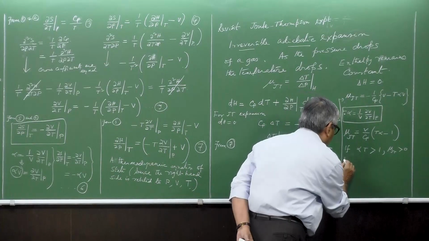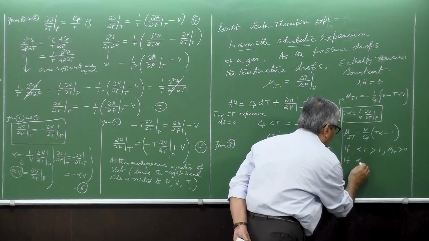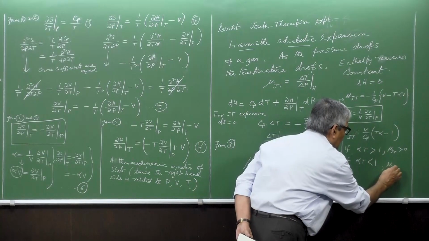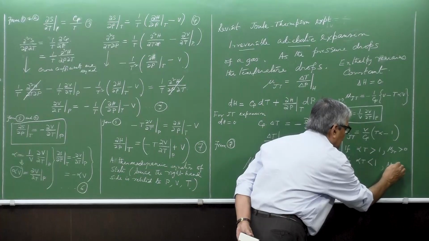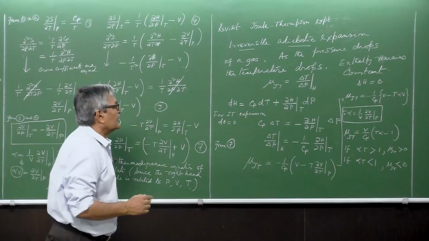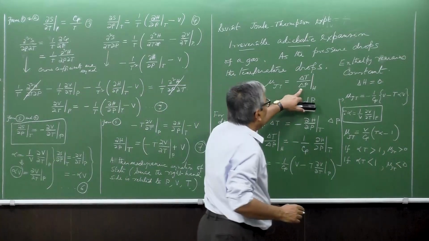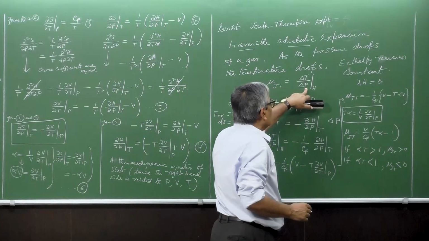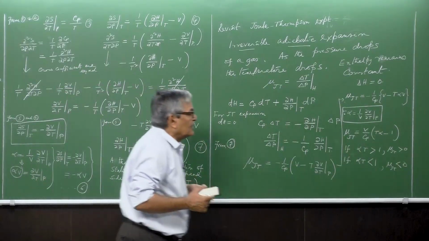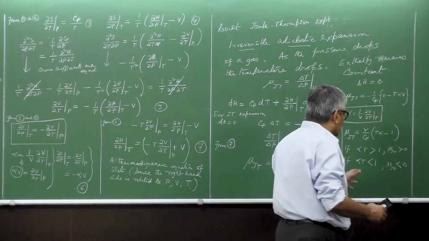And if alpha T is less than 1, then mu JT is less than 0. That means it is a negative quantity. So in that case, when pressure drops, the temperature increases. There is an inverted situation.